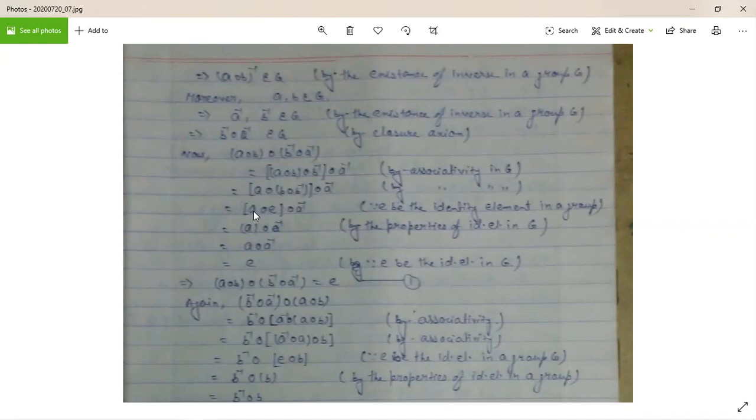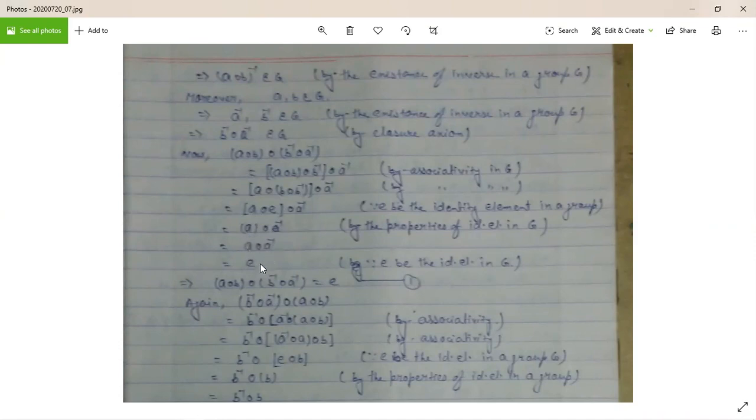Therefore we can write (a ∘ e) ∘ a⁻¹. Again a ∘ e equals a by the property of identity element in G. Therefore we can write a ∘ a⁻¹.